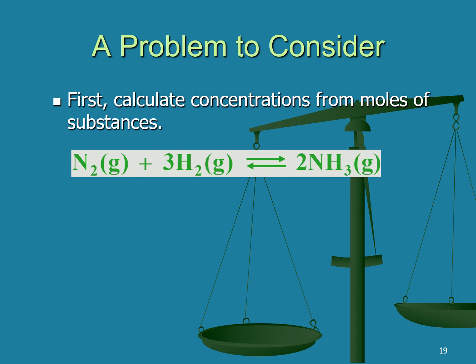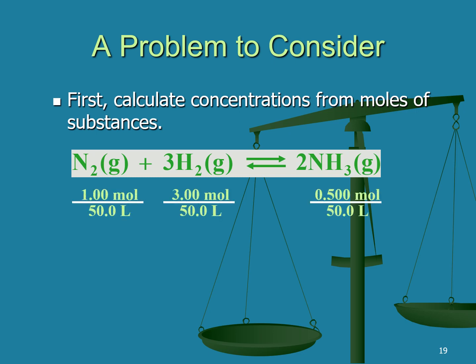All right, do keep in mind that I know the very first problem we looked at was moles, but for the most part, we're looking at molar concentrations. Notice in that problem, it said 1 mole of nitrogen, 3 moles of hydrogen, and 0.5 moles of NH3, but it also said it was in a 50-liter vessel.